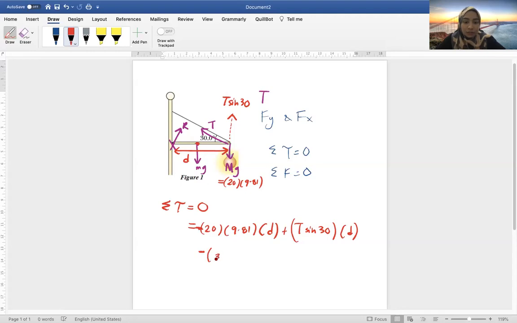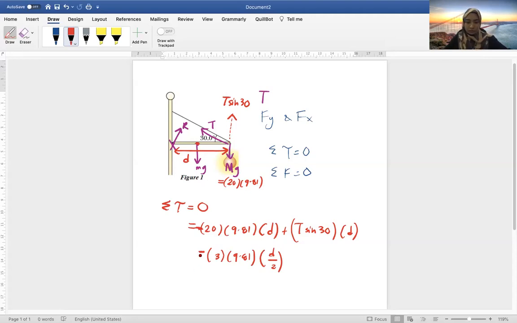That is 3 times 9.81, and the length is D over 2 because it is at the center, meaning half of the length. Now this whole thing is equal to 0.